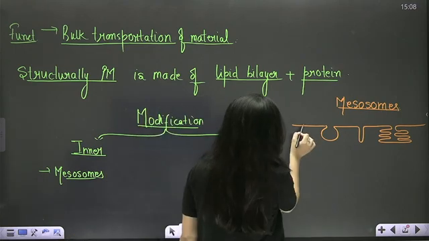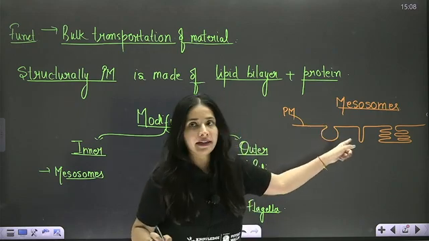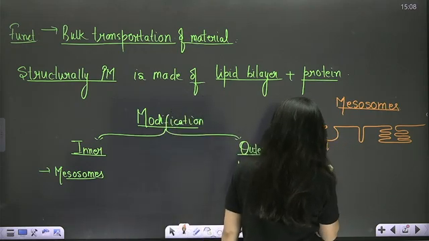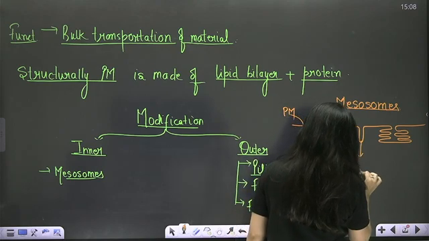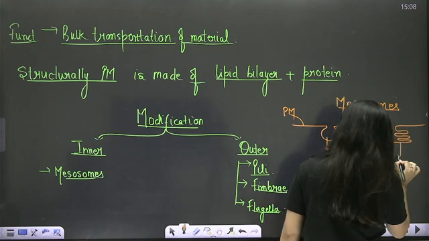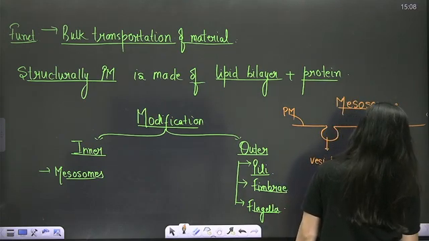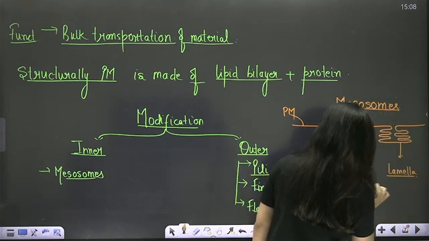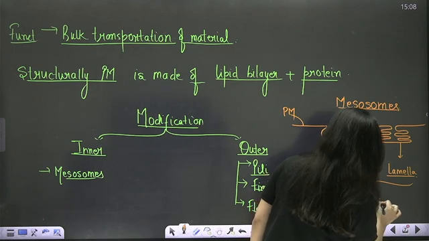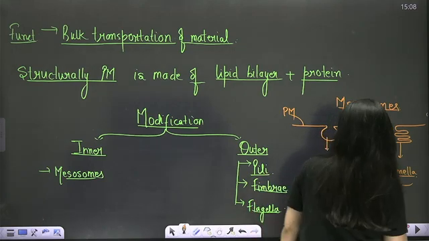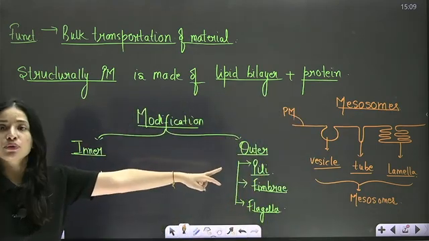So this is your plasma membrane which has got infolded either in the form of vesicle or tube or lamella. All these three representations are nothing but your mesosomes.